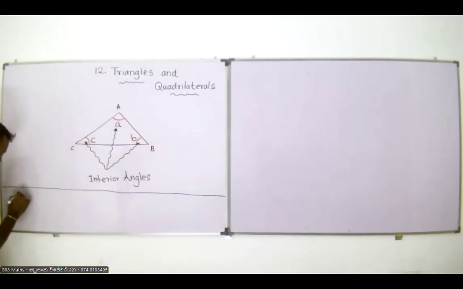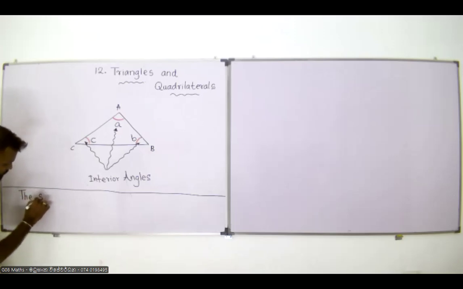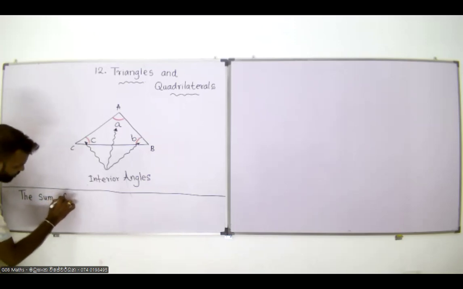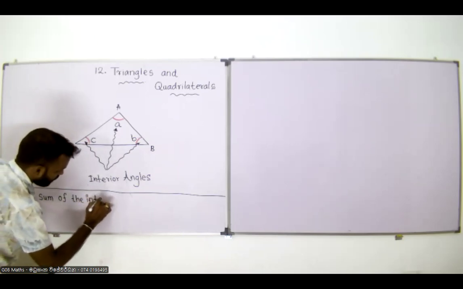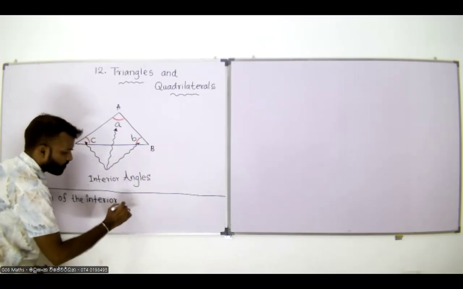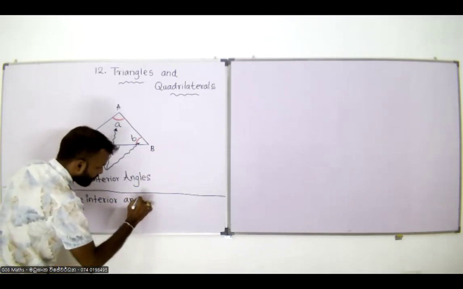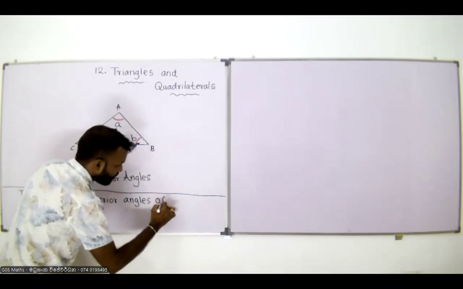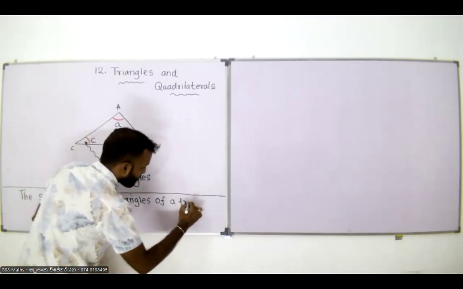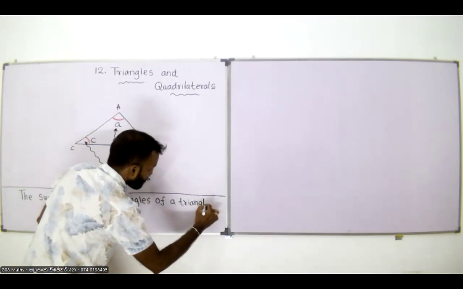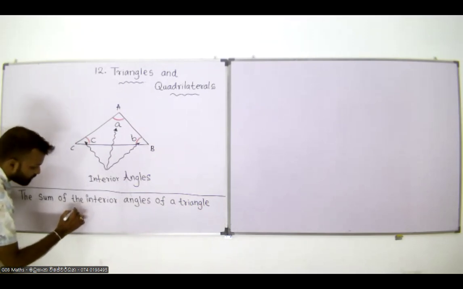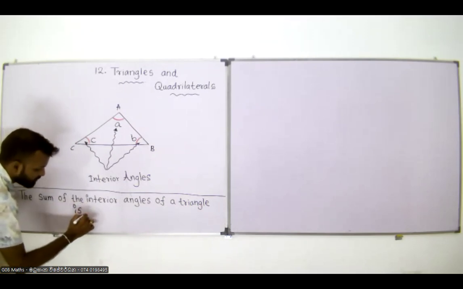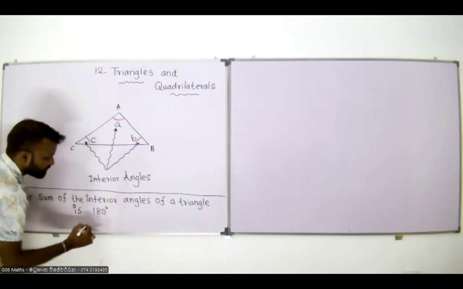The sum of the interior angles of a triangle is 180 degrees.